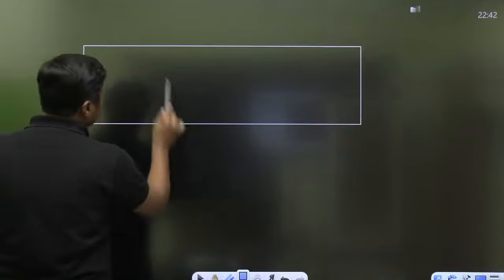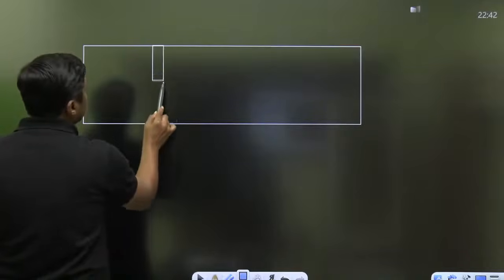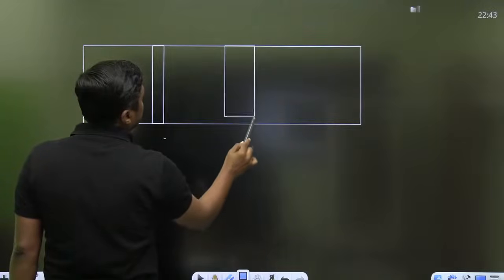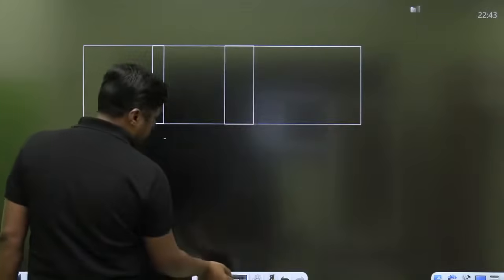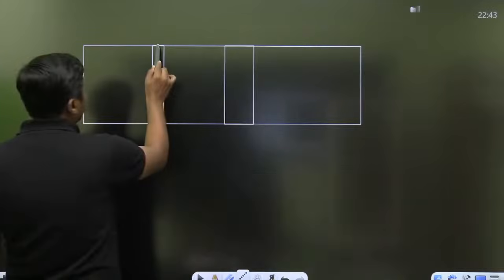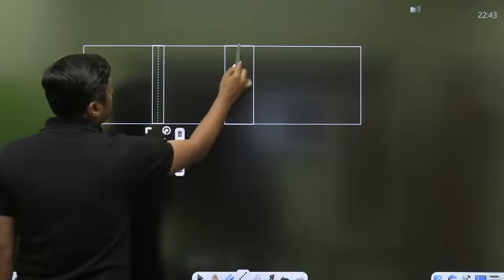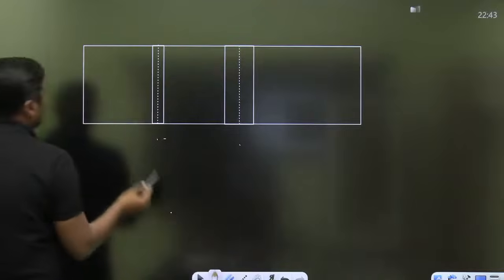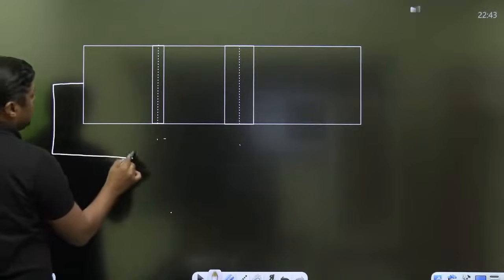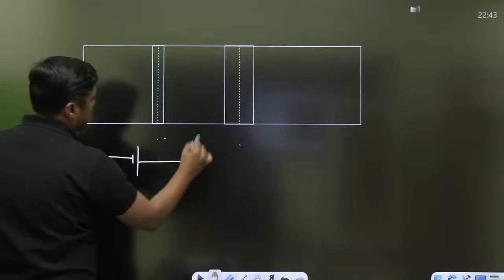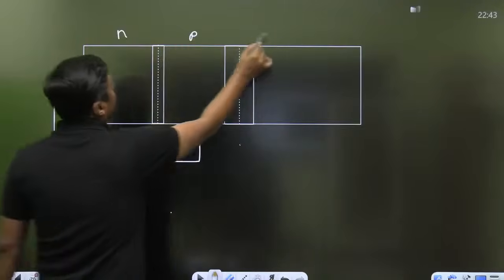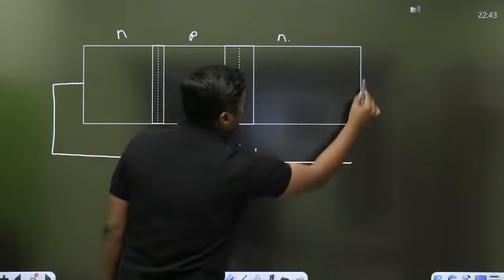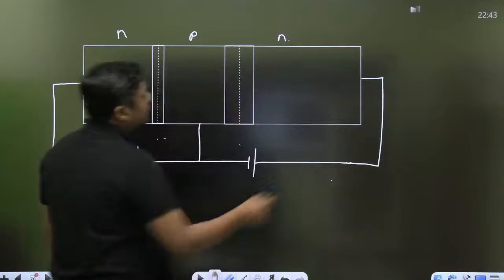Watch this diagram. There is a very small depletion region in the base emitter junction, and a depletion layer in the collector depletion region. This junction is forward biased, this is an NPN transistor, and this junction is reverse biased.